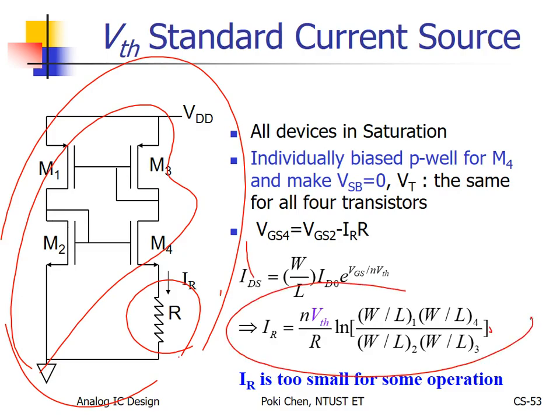And again, VDD is not in the equation. Congratulations. It is supply voltage independent, roughly speaking. Okay, but you still have this. Again, the output current is temperature dependent, strongly dependent on operation temperature. Okay.